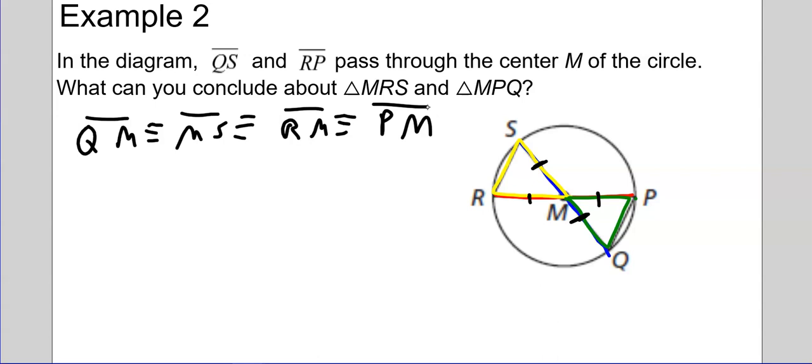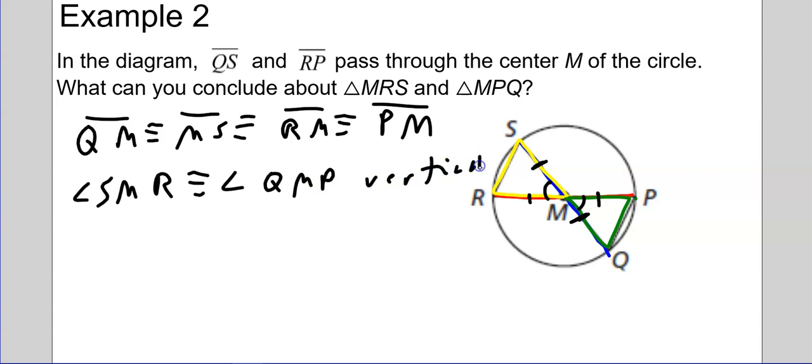We also know that this angle right here is congruent to the other. So SMR is going to be congruent to angle QMP, because they're vertical. So what do we have here?